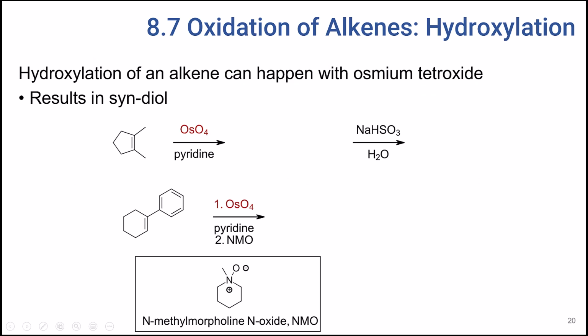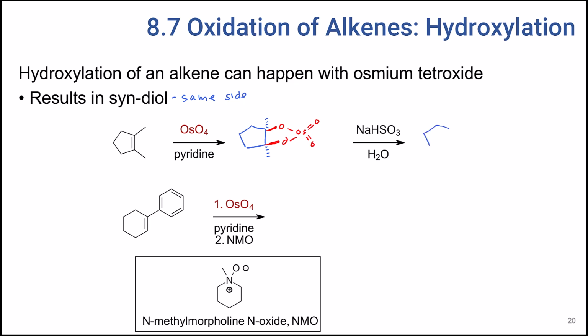Hydroxylation of an alkene can happen also with osmium tetroxide, or OsO4. This is going to result in the syn diol, so the alcohols are on the same side. So we first form an osmium complex. And then the second step is to add the sodium bisulfite.